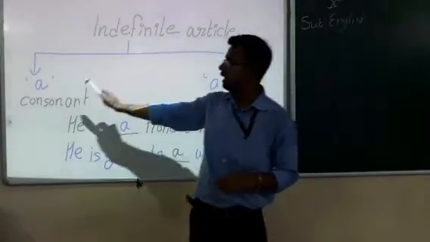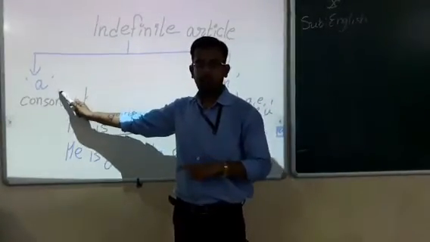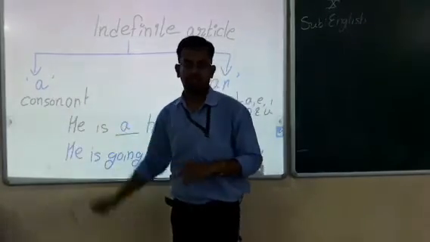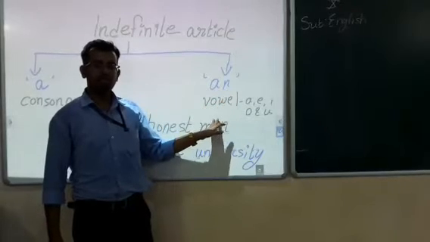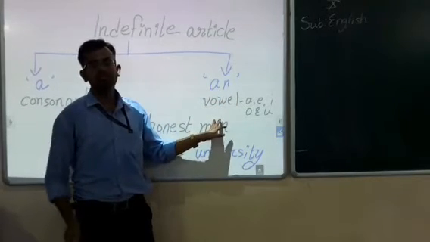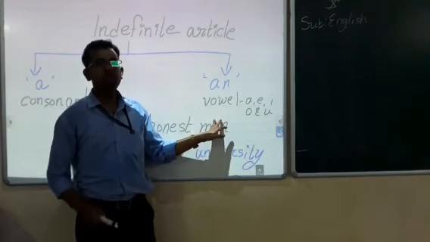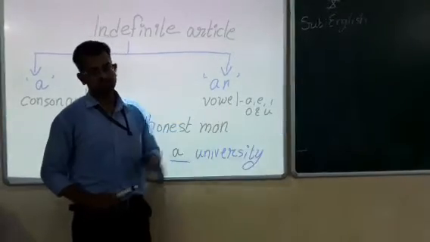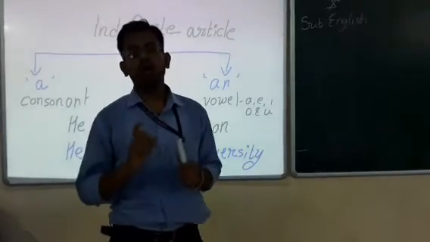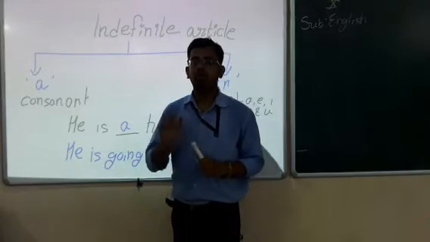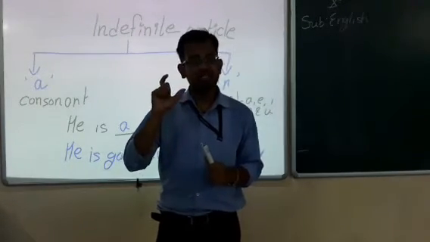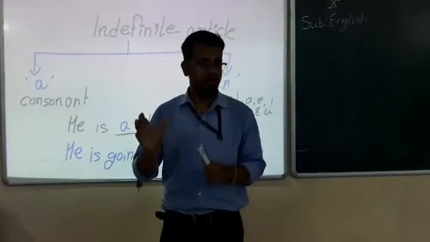Indefinite article a is used for all the consonants and an is used for all the words that start with a vowel sound. Okay students, always remember that we have to look for the vowel sound, not the vowel.